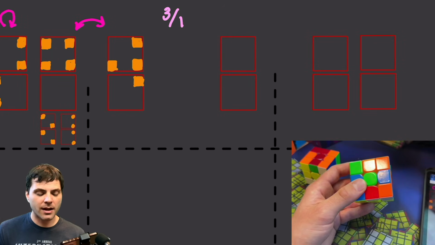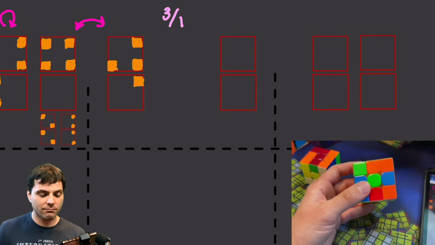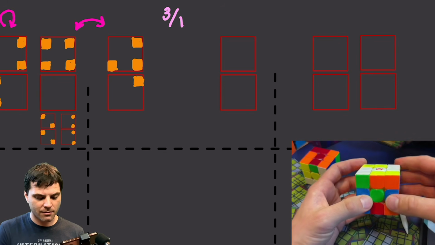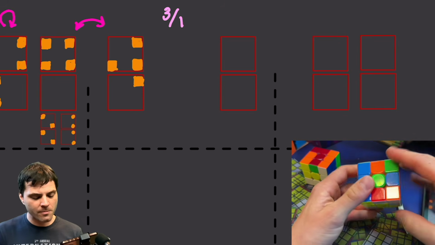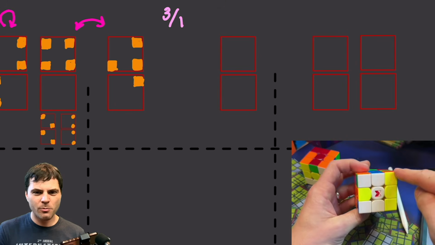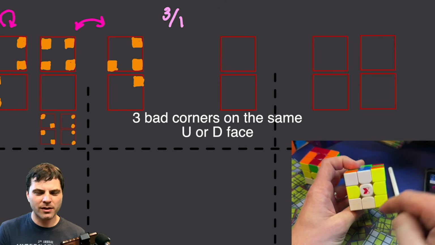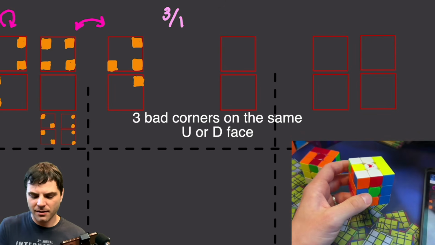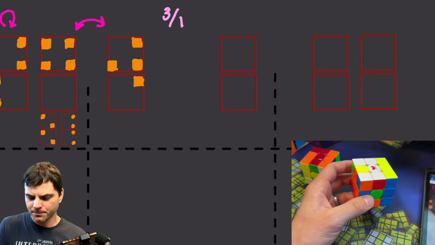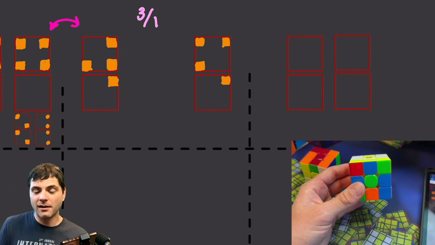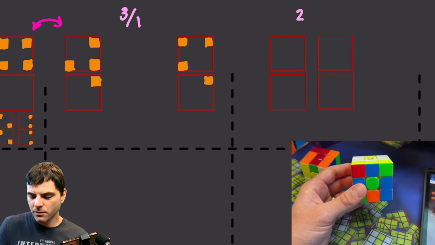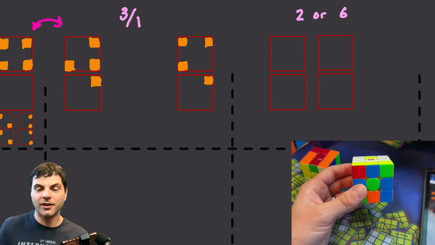And the 3, 1 case, you can either get back to the 2, 2, or if you put 3 of them on one side or only 1 on one side, so for example, we'll have 3 on a U face and then 1 on a D face, you'll get to the final column, which is 2 or 6 bad corners.